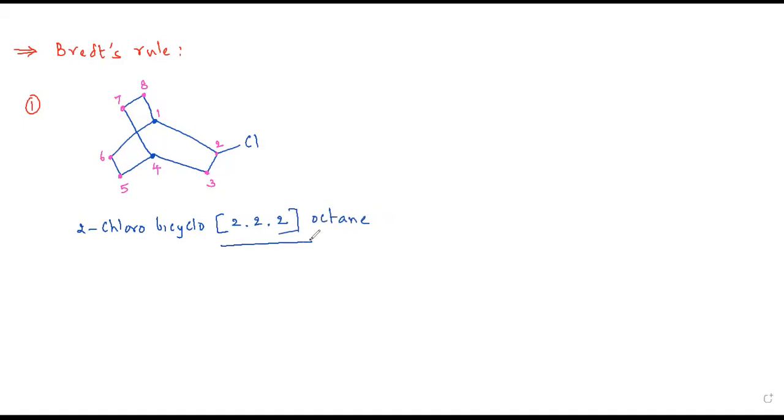This in fact has to be in descending order, but because here all the bridges are of the same length, having the same number of carbon atoms, we have written it that way. And the interesting point to be noted here is, it is a non-zero bridge.